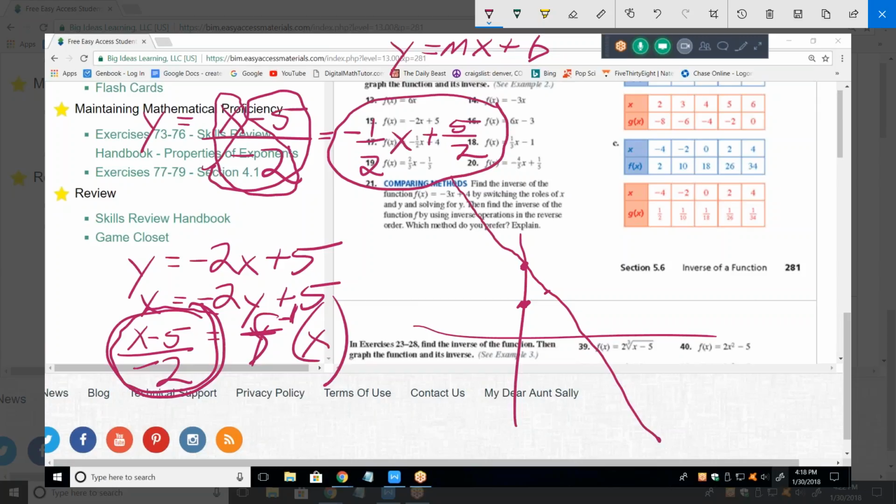And what's the slope? Down 1, right 2. So that's a flatter line. But that's it. Now, it's kind of hard to see where that's a reflection off of this line, but it is.